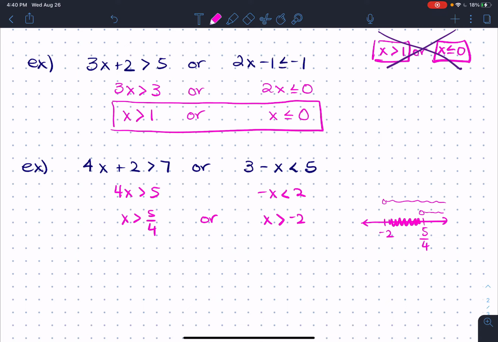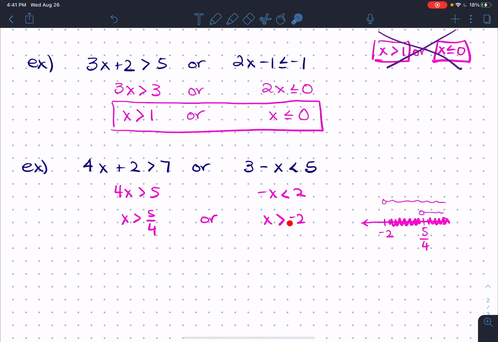And if we go to the last interval, this interval right here, this actually makes both of them true. So does it make the first one or the second inequality true? The answer is yes, it does. In fact, the 5/4 also made this true. 5/4 is not greater than 5/4, so it didn't make the first inequality true.